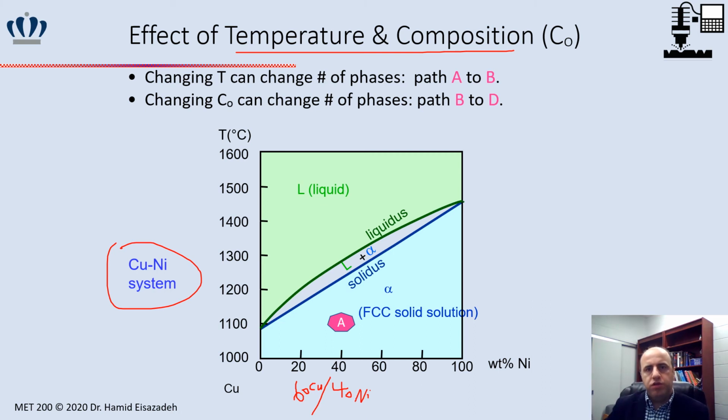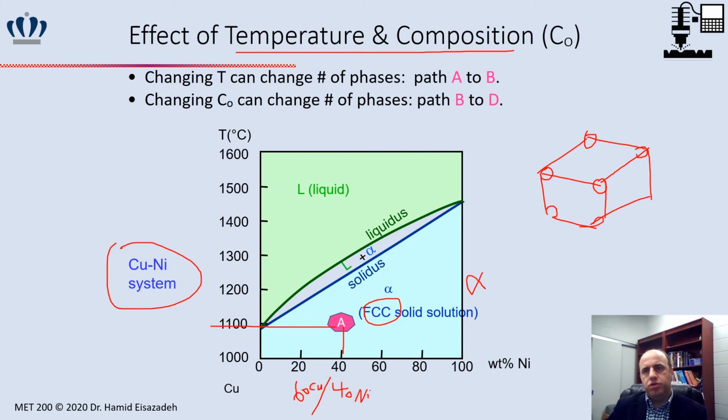When you are at this point, what phase do you have? You have only phase alpha. Alpha is, for example, solid material, FCC. When you mix copper and nickel, you get FCC structure. You don't need to memorize this behavior, but just for your information.